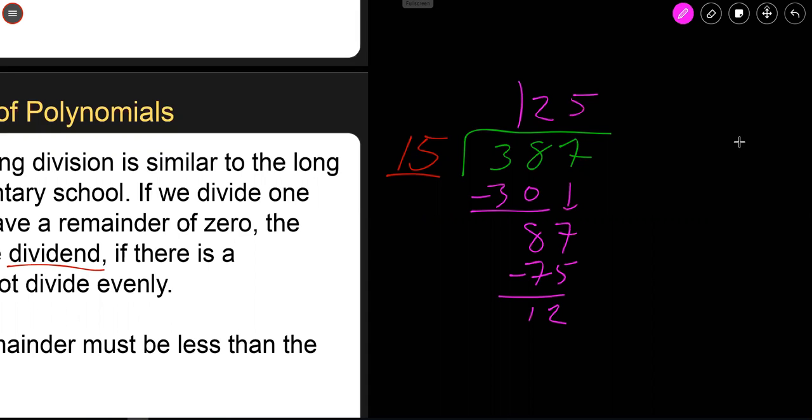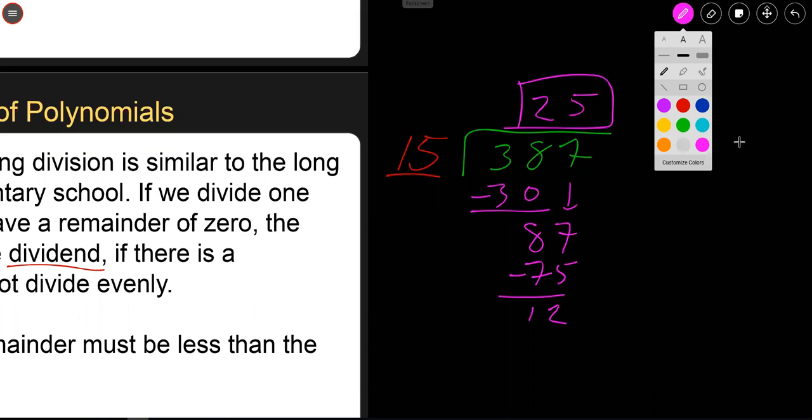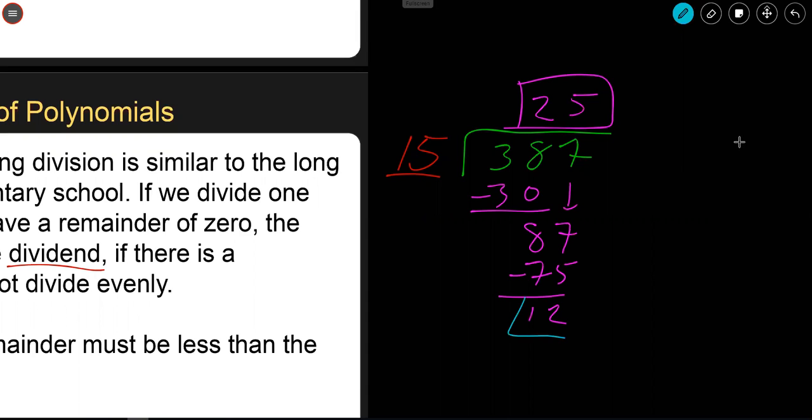So my quotient is my answer to my division problem, and anything that's left over at the bottom is my remainder. So this would be saying that I have a remainder of 12. Now I can always continue dividing through and get an exact answer, which we're going to kind of do with polynomial division. It's just that we write our answer a little bit differently.